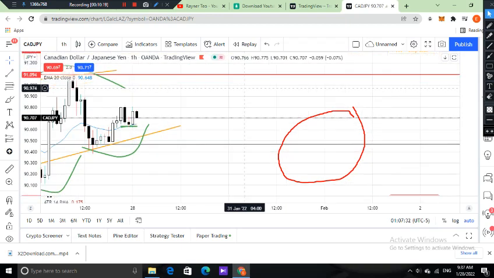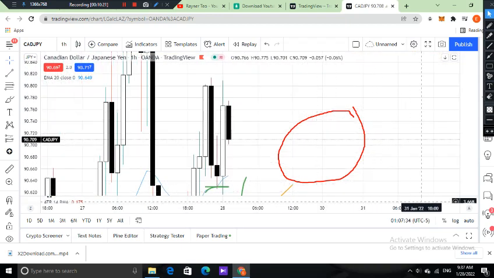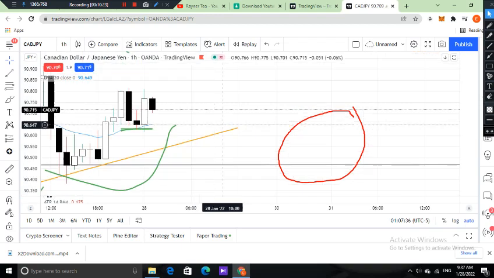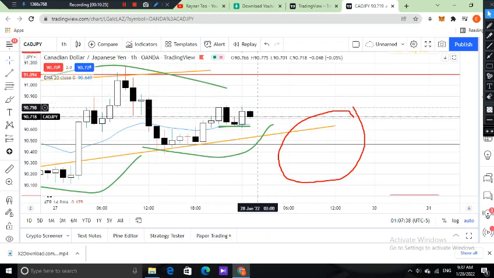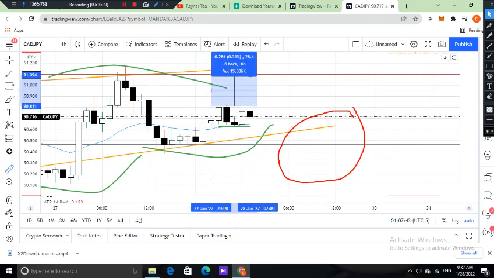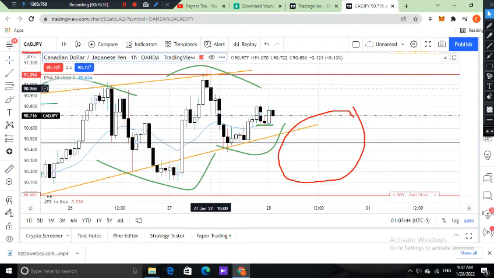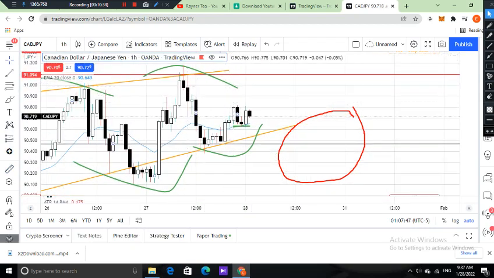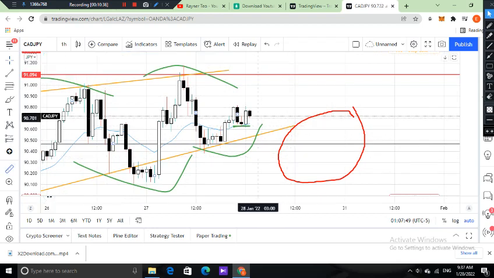And yeah, as I said, we can consider another leg up after this pullback, or it can just break this level down to this target.